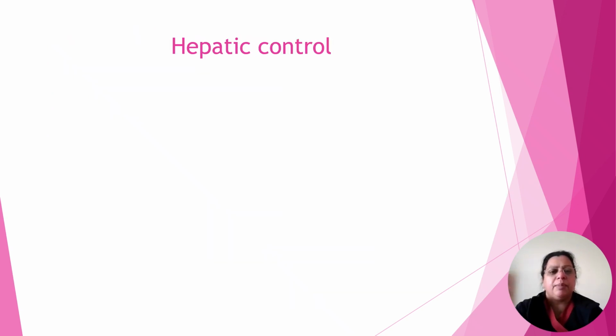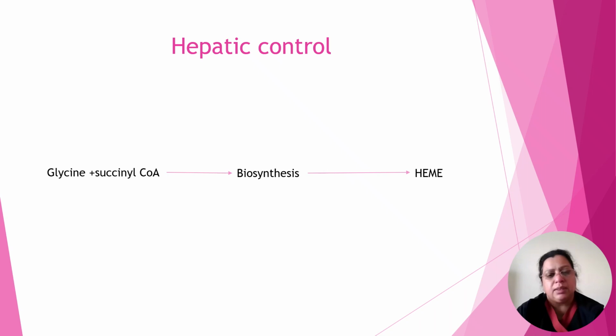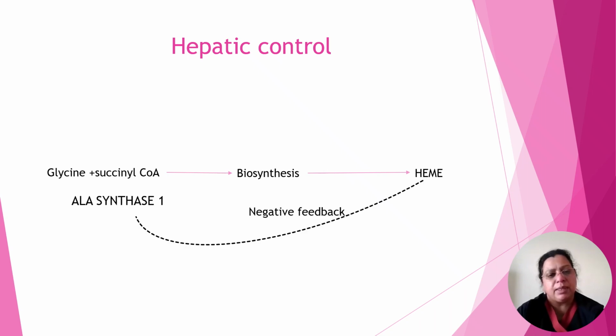Let's talk about the hepatic control of the porphyrin synthesis. So we know in general the pathway: starting material succinyl-CoA and glycine undergo biosynthesis and finally form heme. This heme product gives a negative feedback to the enzyme delta ALA synthase 1 and inhibits the biosynthesis of heme.